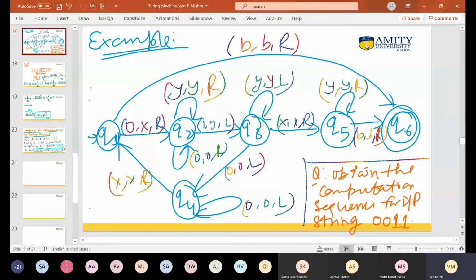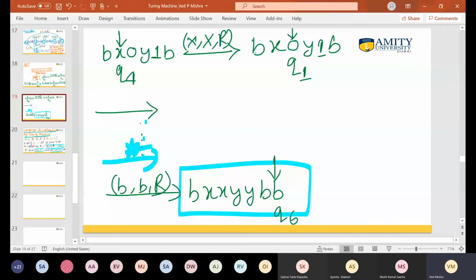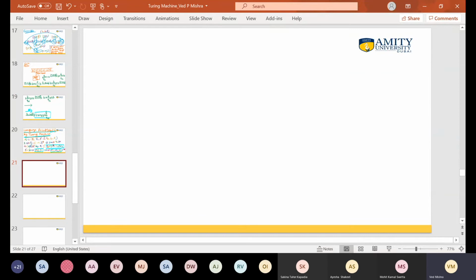So if you reach Q3 and your input symbol is 1, your machine will be halting in a non-final state. If it is a non-final state and it is halted, that is called a non-accepting state. So one condition can be that, and another condition is that it is not halting at all.